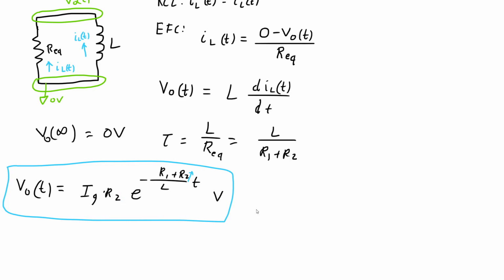So the initial value for VOT is going to be larger if R2 gets larger, but it will also decay faster, because more energy is being lost in the resistor network. If R2 gets bigger, then that's more resistance, more damping. The circuit reaches the steady state faster.